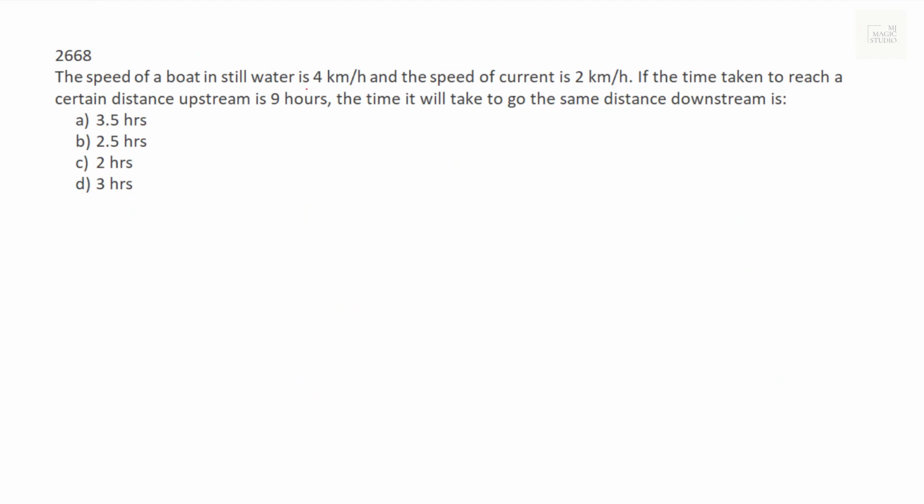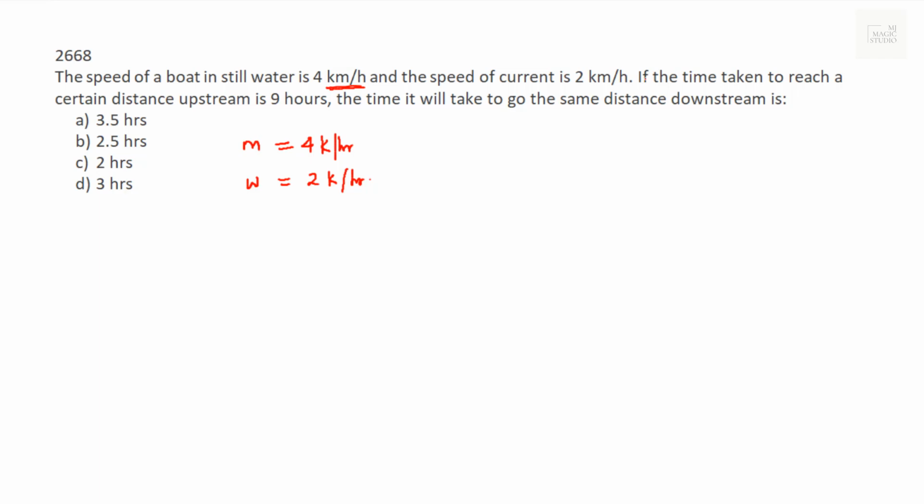The speed of boat in still water is 4 km per hour. We have seen this in our previous question also. So m is 4 km per hour and the speed of current is 2 km per hour. That means w, the speed of water or current, is 2 km per hour.